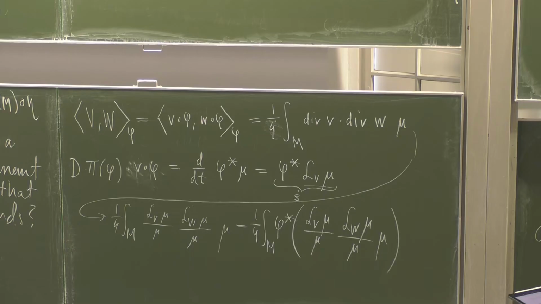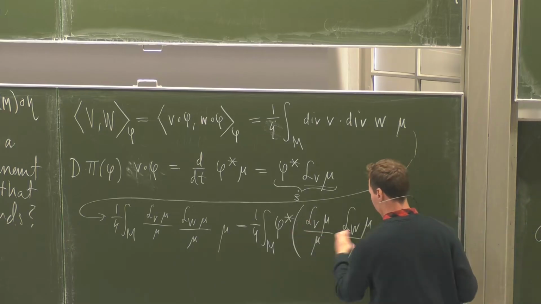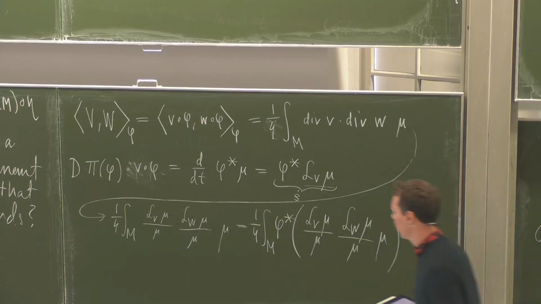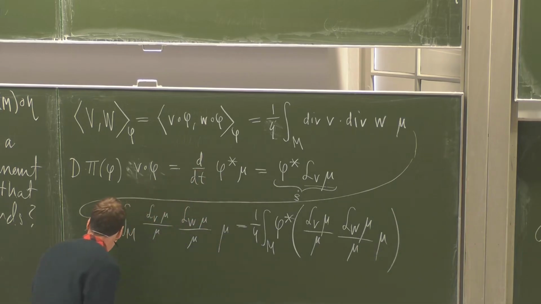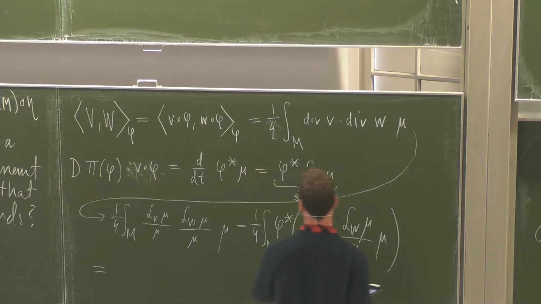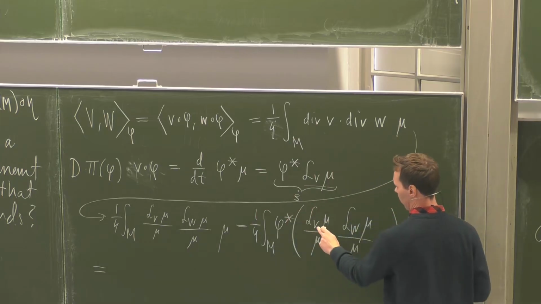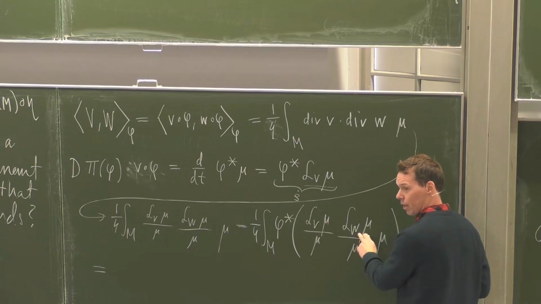I can apply the action of this on each individual thing here, and I get something which is exactly this: 1 for v and 1 for w. I call that alpha and beta, just like before.